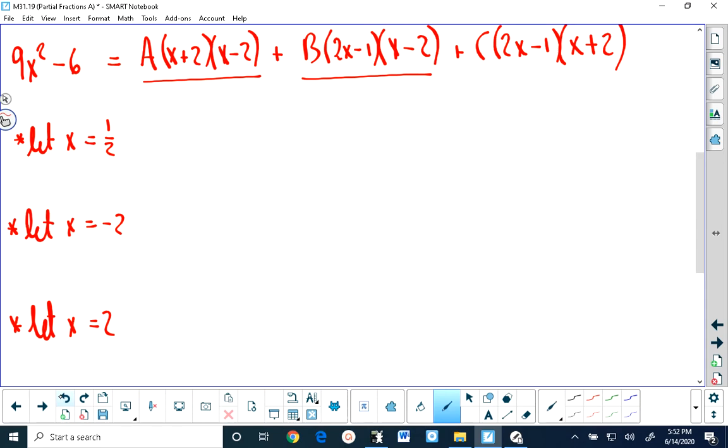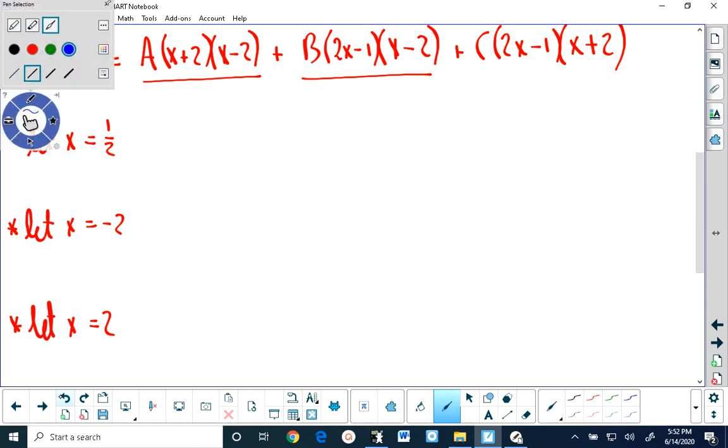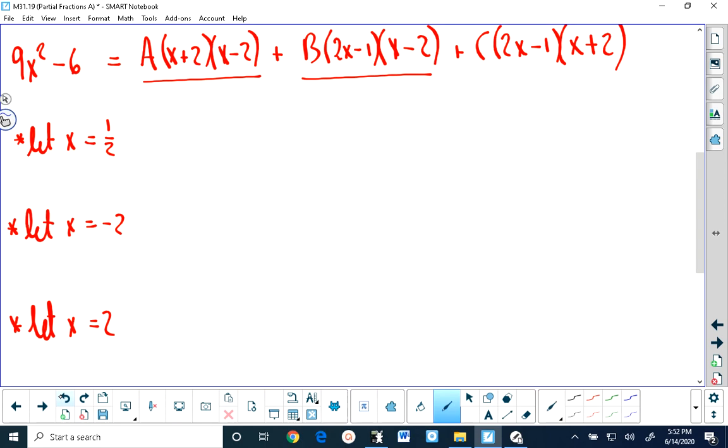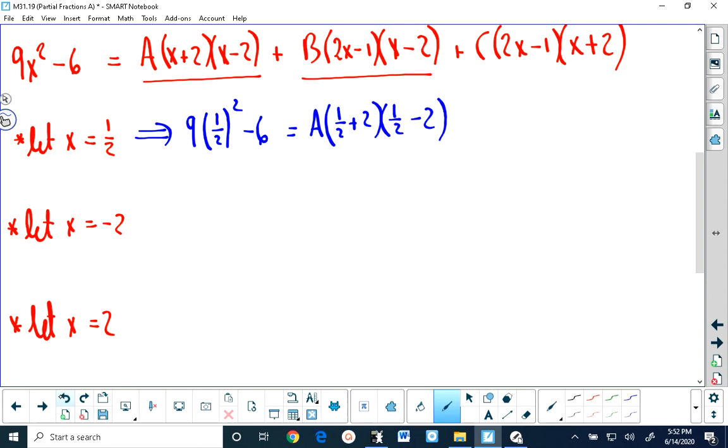What's going to happen here is for letting x equal 1/2, I'm going to have, for an equation, 9 multiplied by 1/2 squared minus 6 equals a multiplied by 1/2 plus 2 multiplied by 1/2 minus 2. Don't forget that when x is 1/2, the term that contains b and the term that contains c reduce to 0.